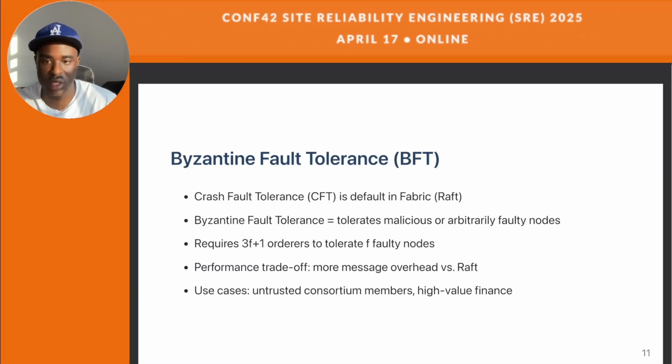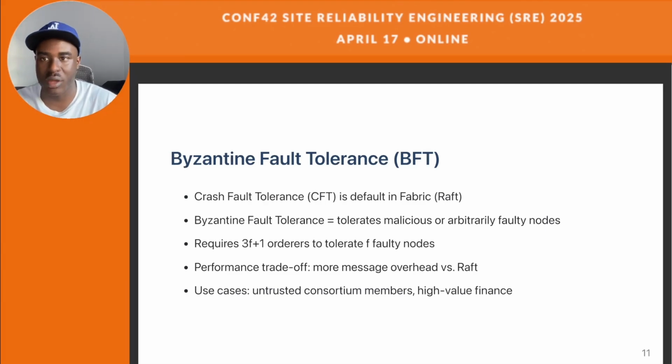So let's talk a little bit about Byzantine fault tolerance. Fabric's default consensus is crash fault tolerance, which means that's Raft. Raft is crash fault tolerance. But what if your nodes could be outright malicious? For example, one of your nodes is trying to reorder the transactions.